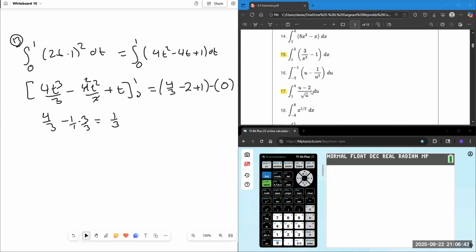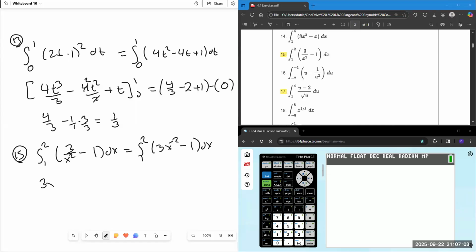So now at number 15. 15 says the integral from 1 to 2 of 3 over x squared minus 1 dx, which is the integral from 1 to 2 of 3x to the -2nd minus 1 dx. So this is 3x to the -1st over -1 minus x, from 1 to 2, which is -3 over x minus x.